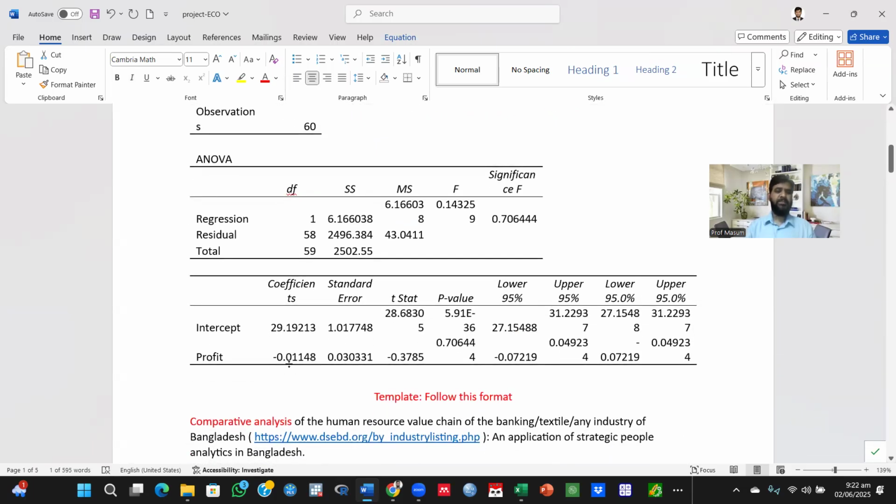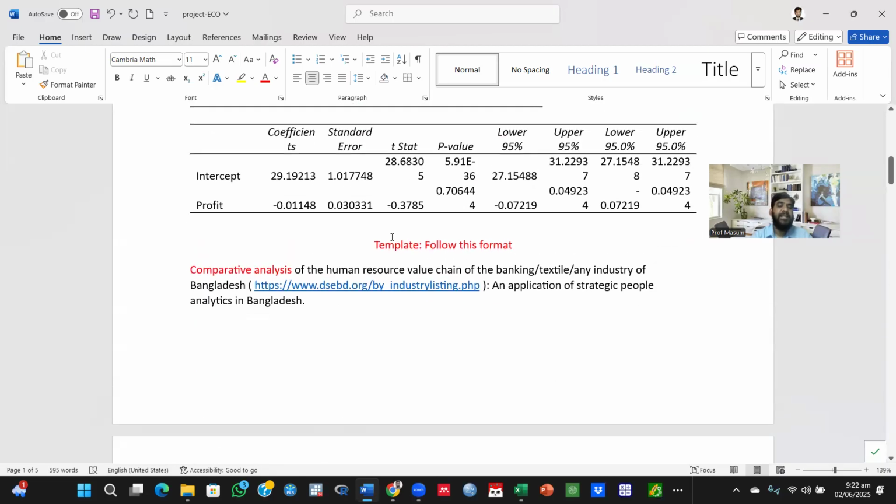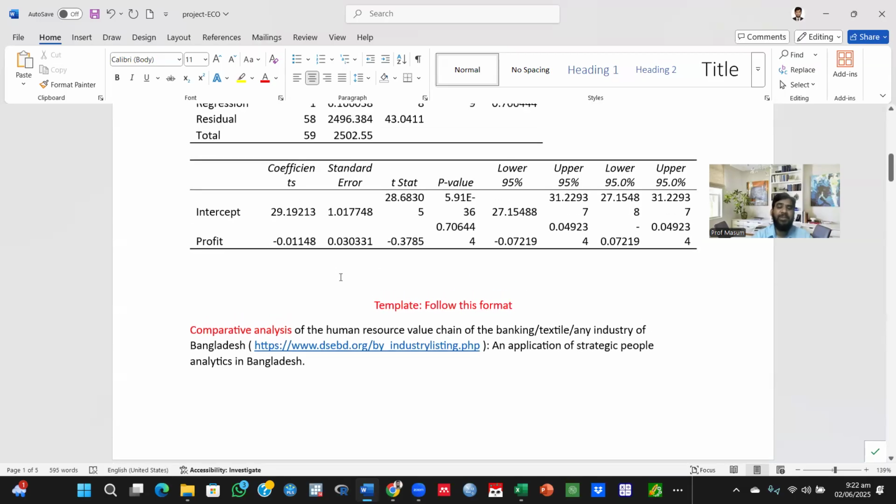Profit is minus 0.011. That means there is a negative relationship. Here your explanation will be that the data set you have collected is not right. It cannot have a negative relationship.